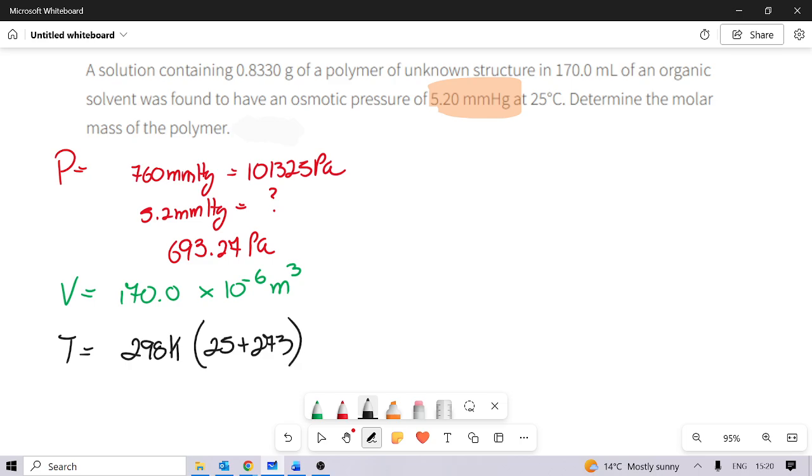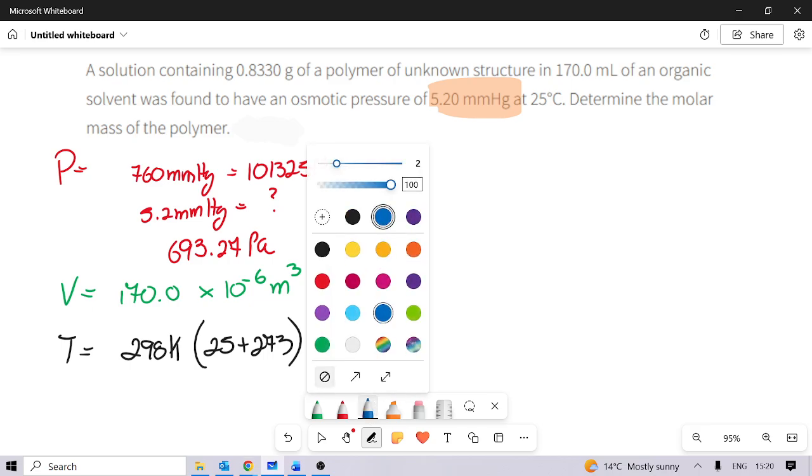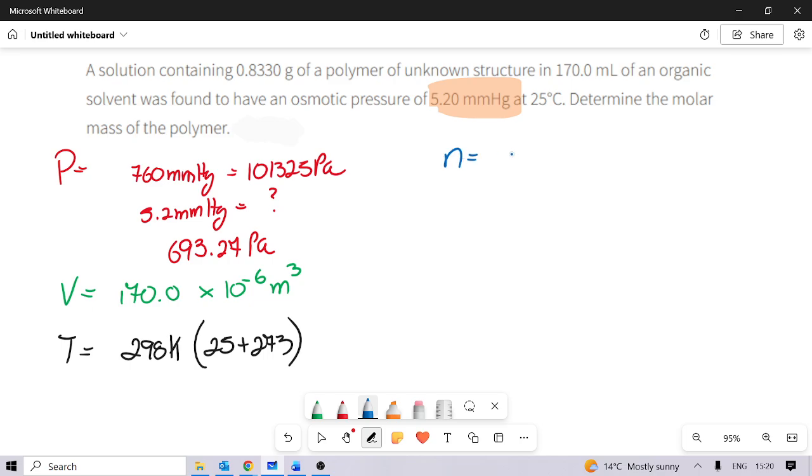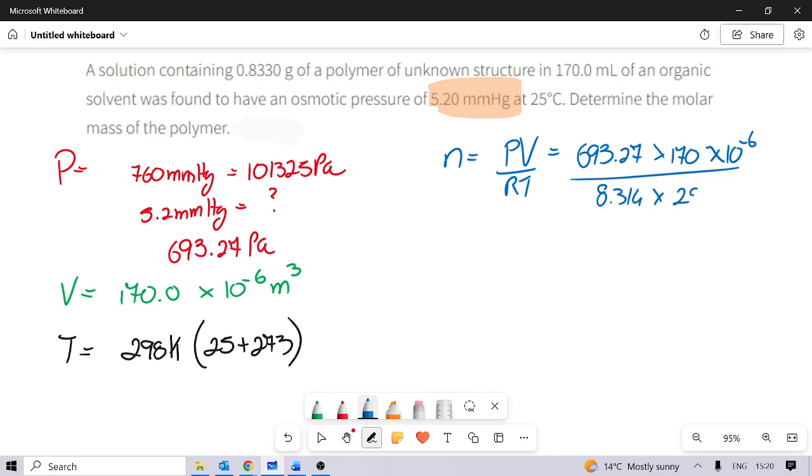Okay, once this is done, all we have to do is to actually go through and use PV equals nRT. I can immediately write that n is equal to PV over RT, which will be equal to 693.27 times 170 times 10 to the minus 6 divided by 8.314 times 298.